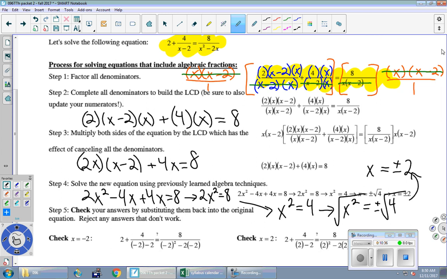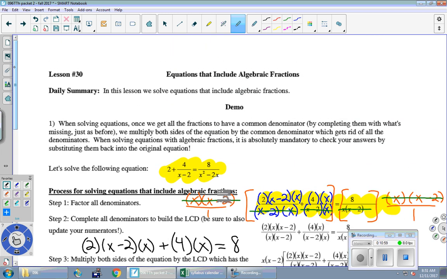Sometimes it's in the homework. But the check typically is really just to make sure you didn't goof and make a mistake, and if you did, to catch it and know that you're supposed to go back and fix it. Well, it turns out that the checking here for these kinds of equations, where there's x's in the denominators, is actually not optional. It is mandatory. And let's see why. We got 2 answers to check.